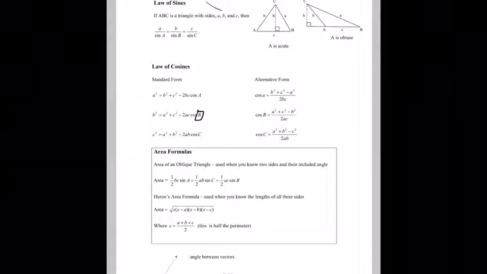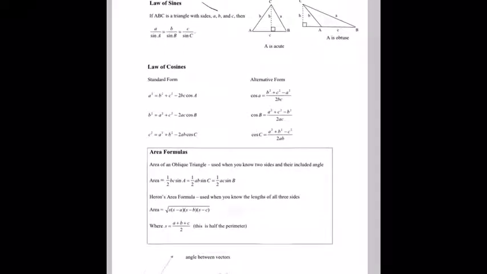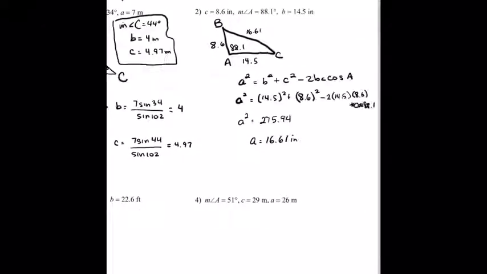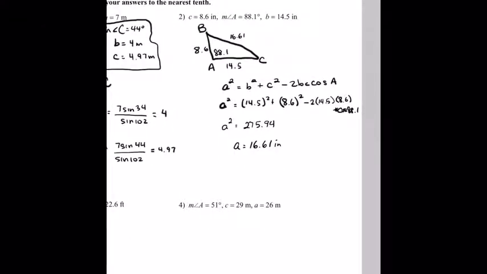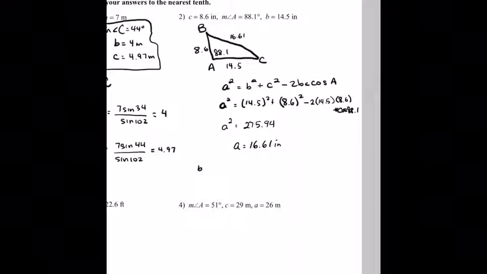If I want to find angle B, then we could use this version, or that version there, which just has the formula rearranged so that cosine B is already isolated. So it's a squared plus c squared minus b squared over 2ac. So essentially we're using law of cosines.